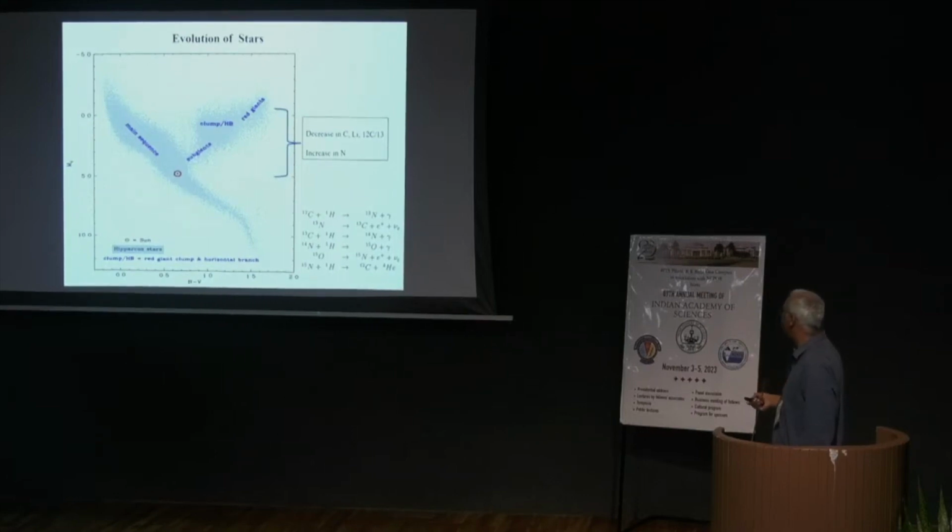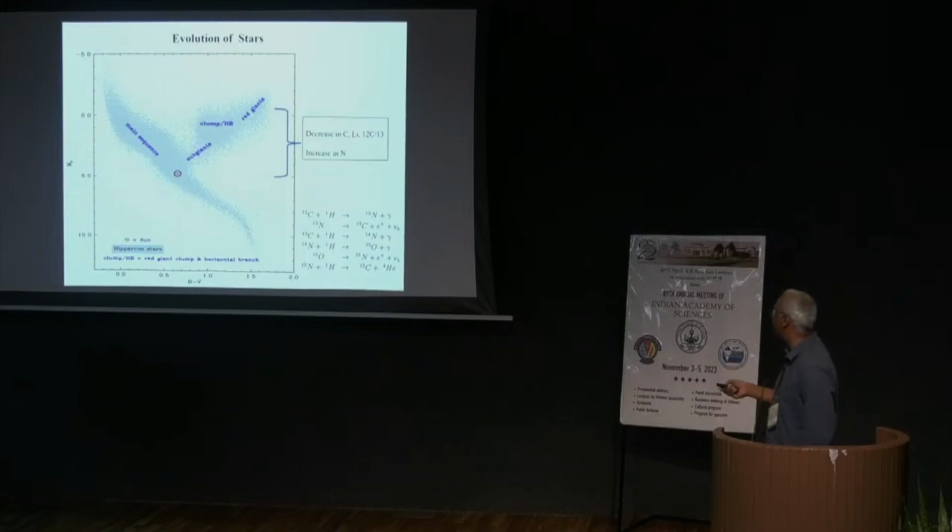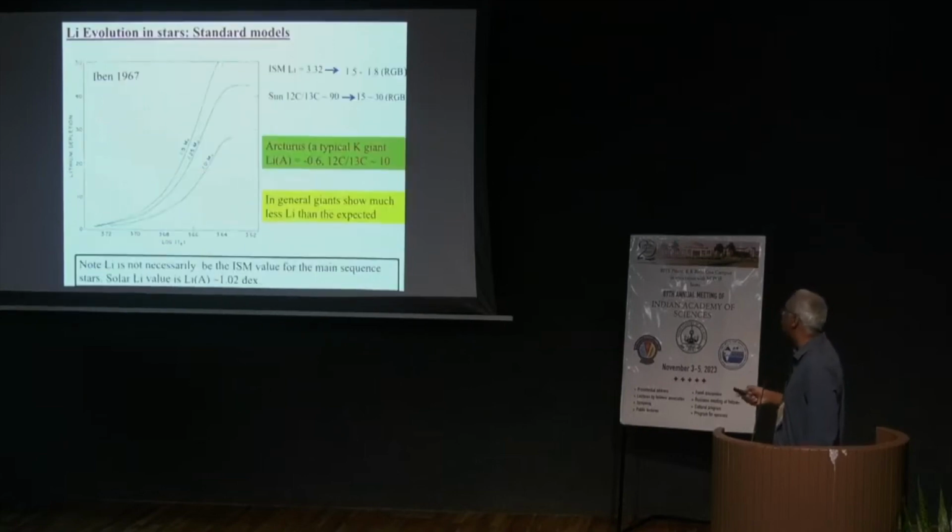And then there is an increase in nitrogen, the 14N increases. But the total C plus N is constant here because you don't have fresh carbon or fresh nitrogen, since you are not fusing helium in triple alpha reactions. So this is a catalyst basically to fuse 4 hydrogen atoms into helium nuclei.